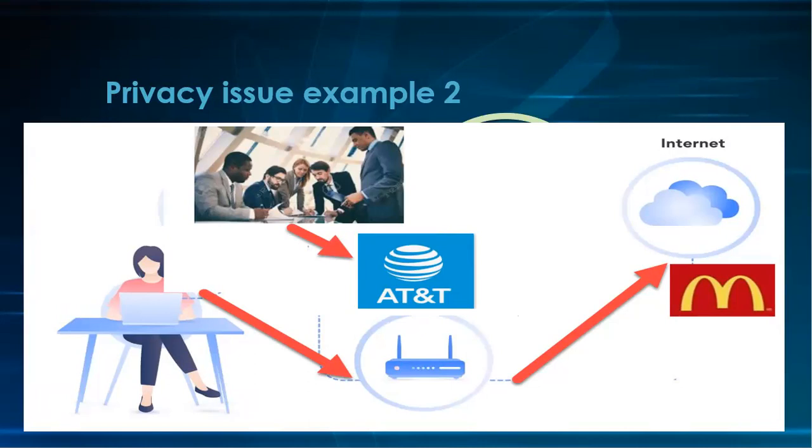So they can see, hey, this person is trying to access McDonald's website. Maybe we should send more targeted ads towards them so they can eat more McDonald's until they get type 2 diabetes. Just playing. Okay, but seriously, privacy is an issue, and we can look at it two ways.